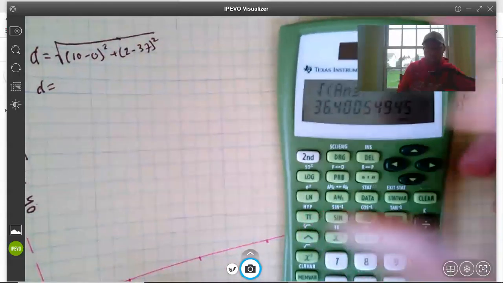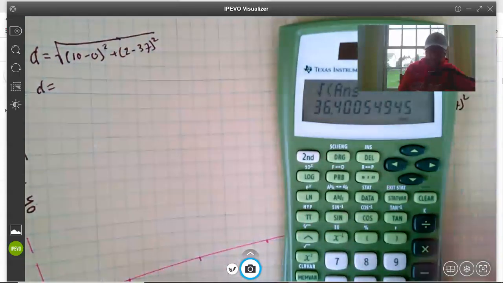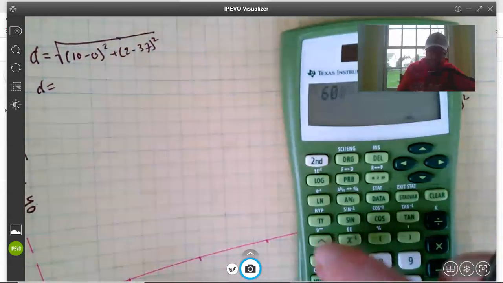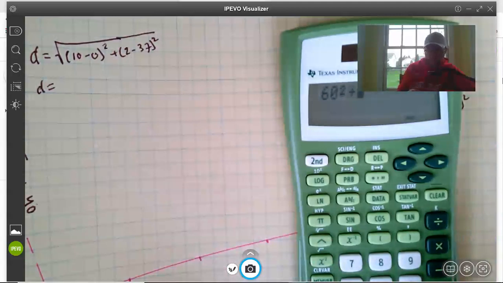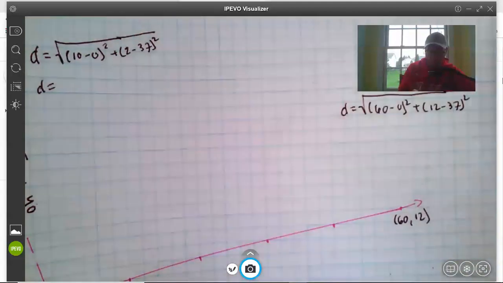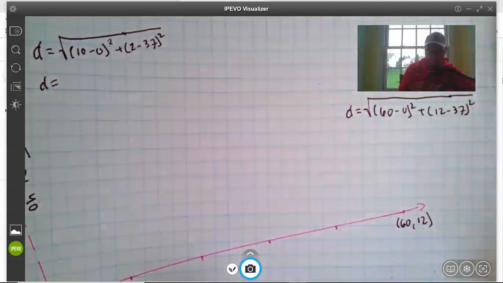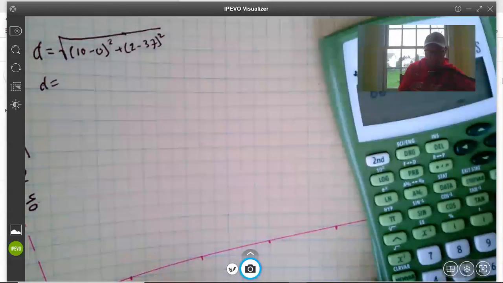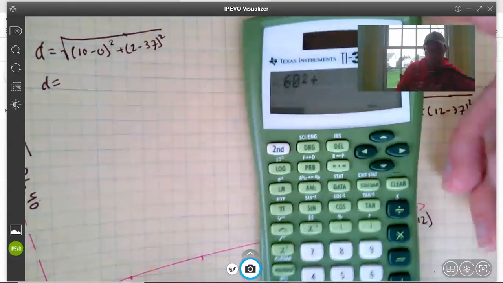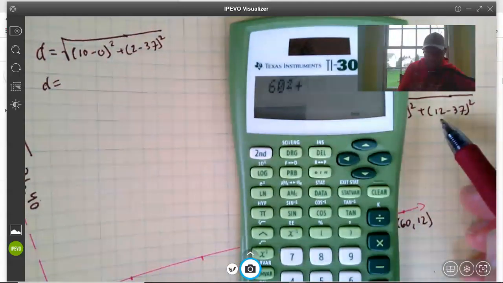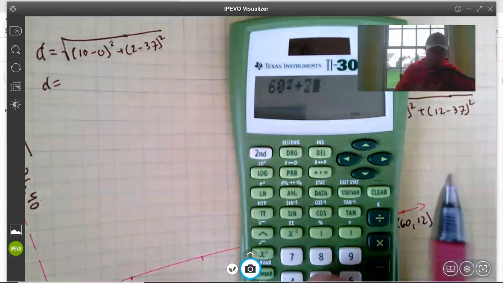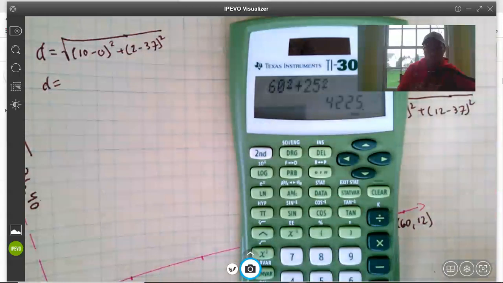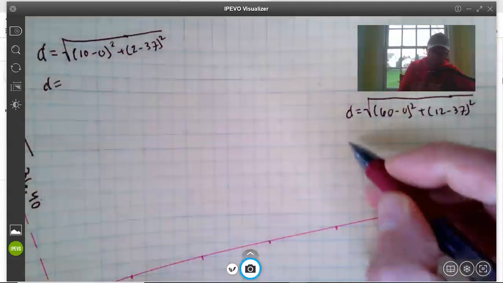And just check here. 60 squared plus 37 minus 12 is 25 squared, 4,225.